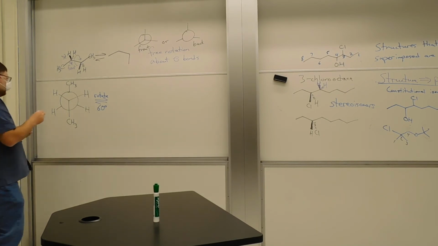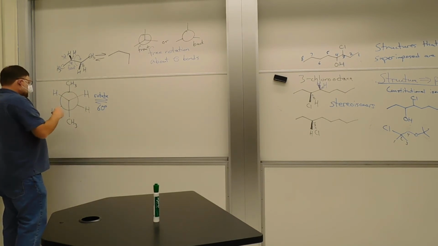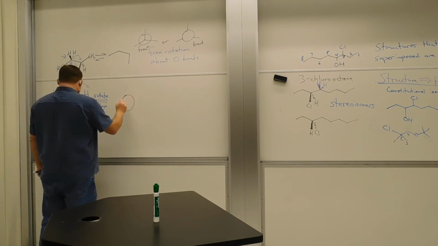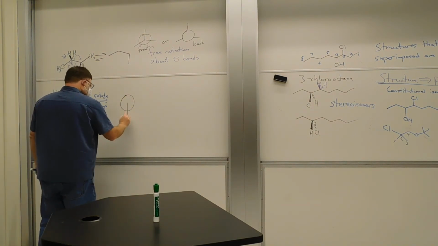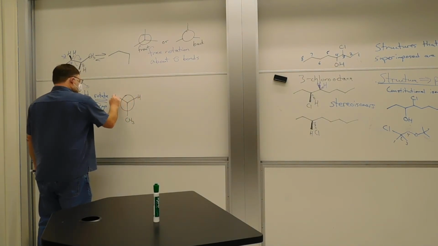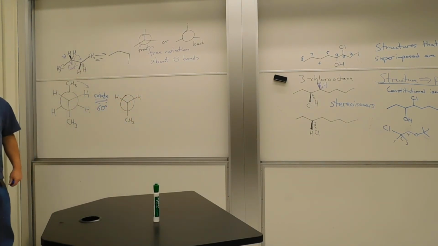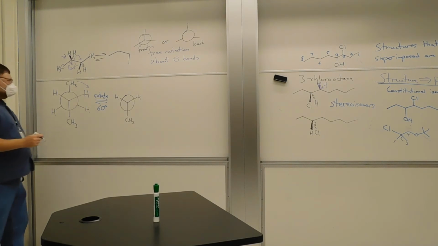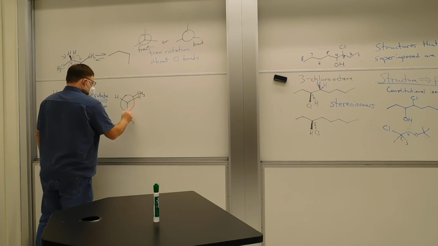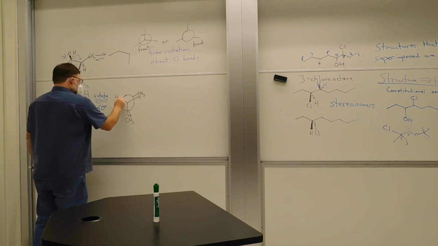So I'm going to rotate the back carbon 60 degrees, and again, arbitrarily, clockwise. You'll notice the more I do this, the crappier my circles get. Doesn't matter. I'm not an artist, and I don't grade for art.